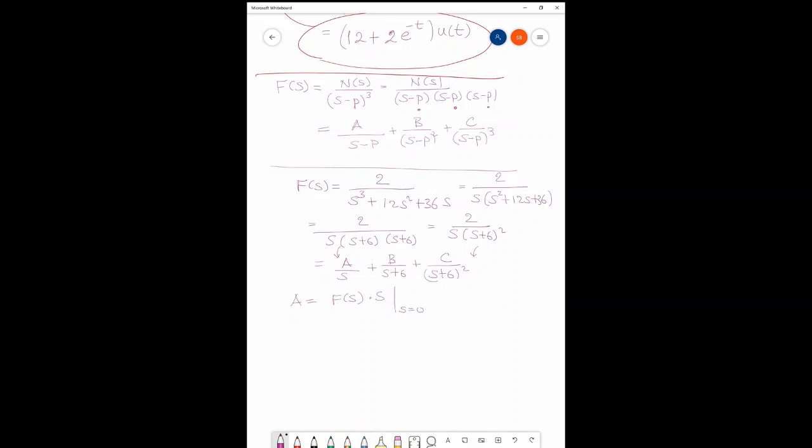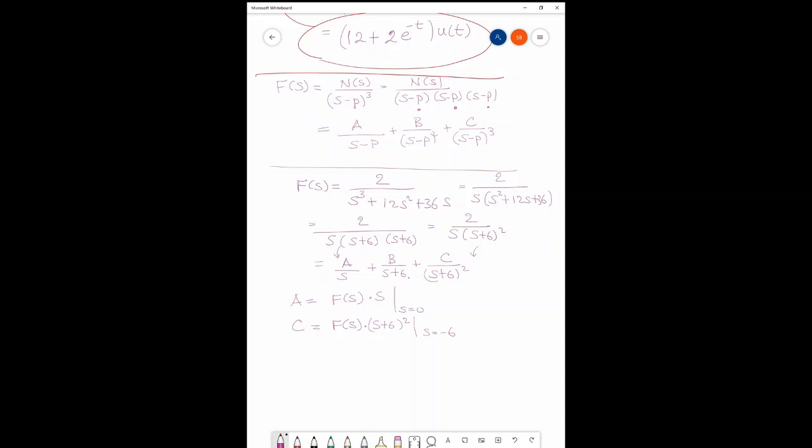For the square, we don't have any problem either. For c, we just multiply f of s by s plus 6 the whole squared and solve for s equal to minus 6. That would give us c.